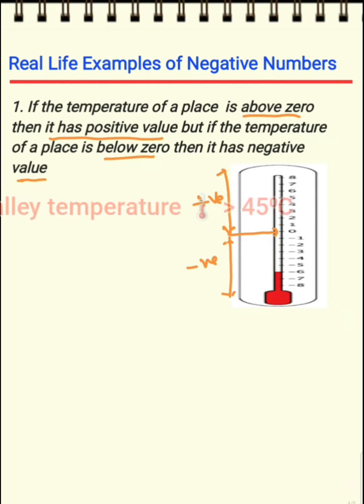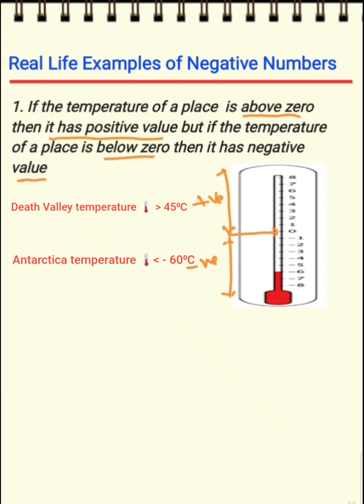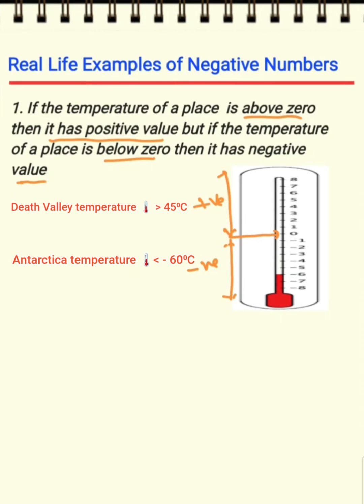For example, during summers, the temperature of Death Valley, California, which is a very hot place, is more than 45 degrees Celsius. And Antarctica, which is a very cold place, its interior temperature is approximately negative 60 degrees Celsius.